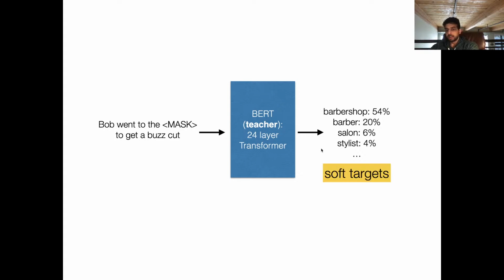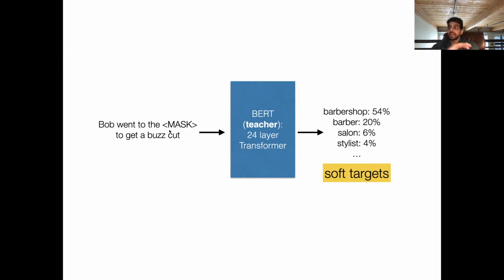So we just assume that we have this teacher model. And we're going to call the predicted distribution of our teacher model soft targets. Note that if I'm training my teacher model, I use the cross entropy loss computed against the ground truth word that fills in this mask token, right? So maybe in our training data, we observed Bob went to the barber shop to get a buzz cut.